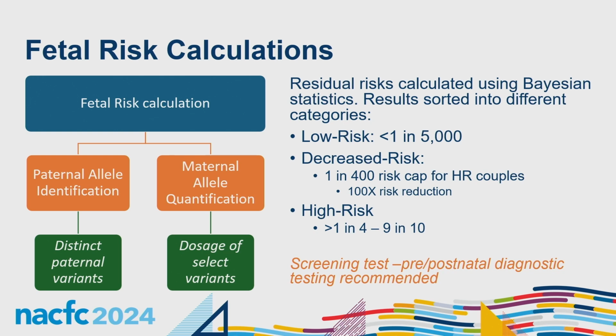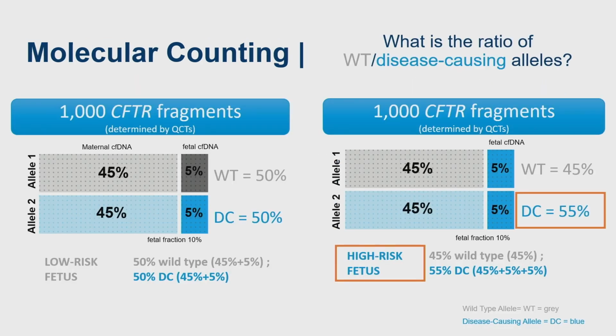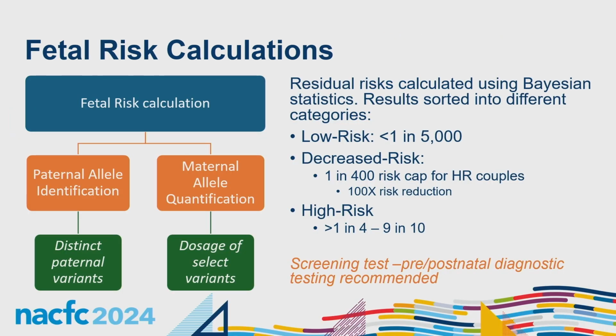And so the way that we address that with our assay is we also, at the same time where we are looking at that dosage, which is looking to see does the pregnancy have that same maternal variant that we identified on the carrier screen, look to see if there is a distinct paternal variant identified in that sample.